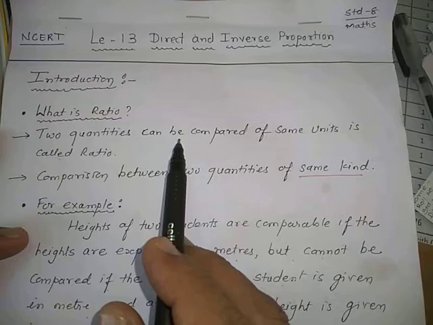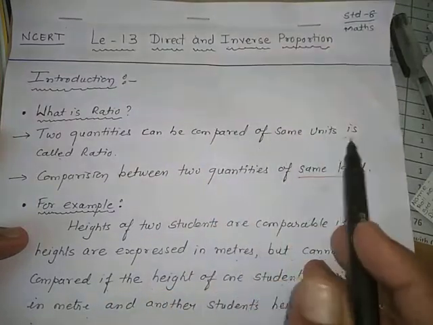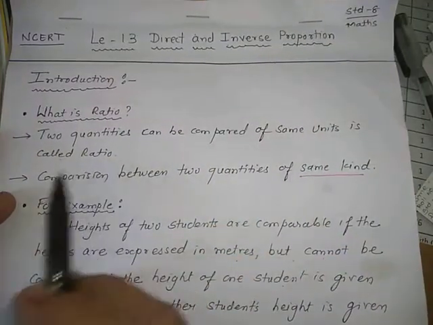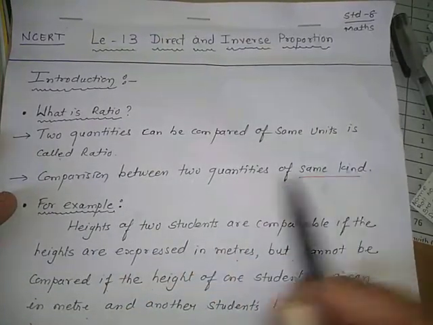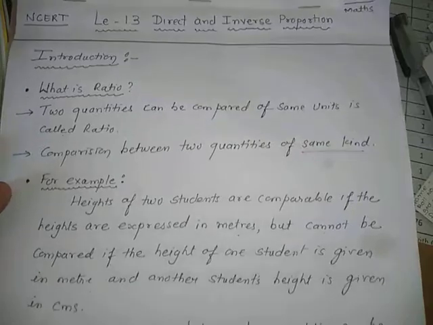Two quantities of the same unit can be compared, and this is called ratio, or in other words, comparison between two quantities of the same kind is also known as ratio.